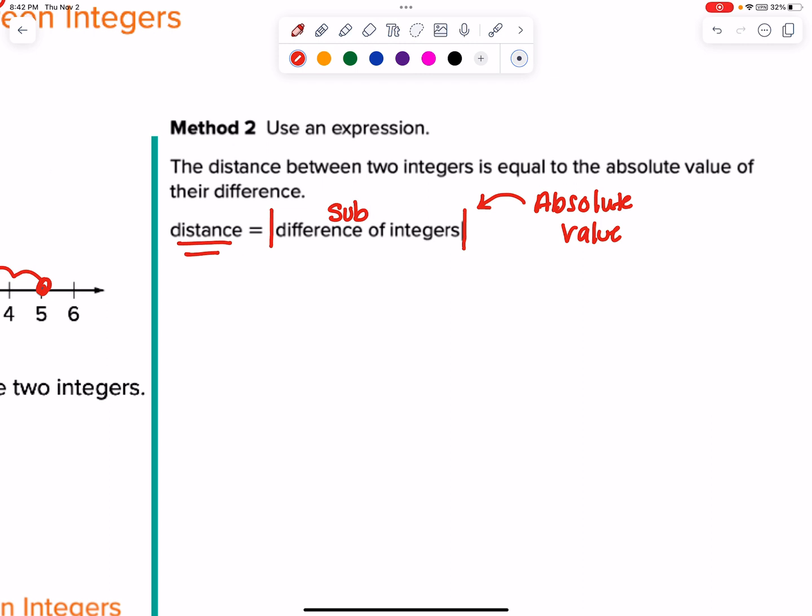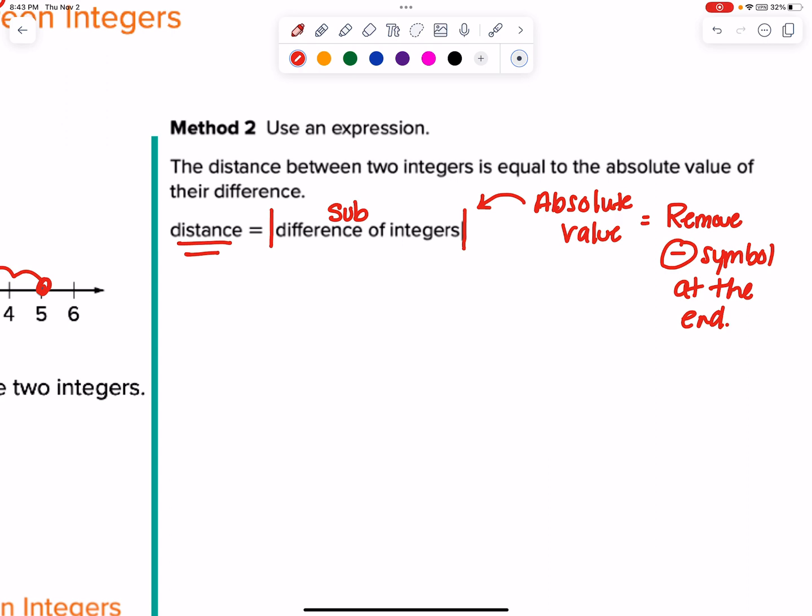And what that means is you remove the negative symbol at the end.